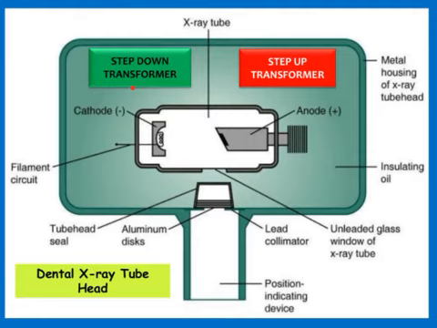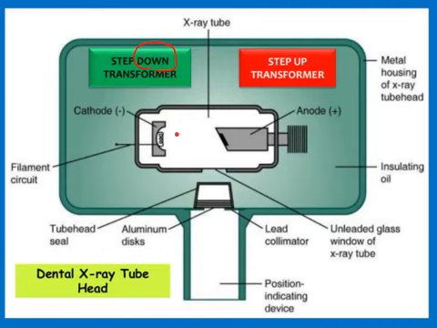So we use the step down transformer to lower the voltage, and we supply that to the filament. So the filament gets heated up and starts emitting electrons. This process is called thermionic emission. That means with the help of thermal or heat energy, electrons are produced.